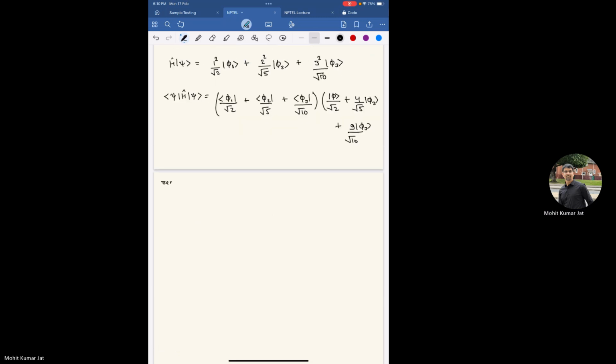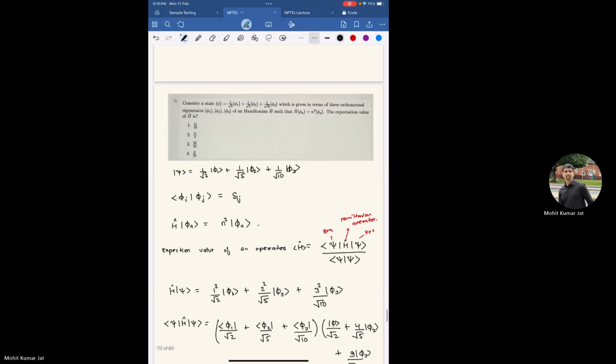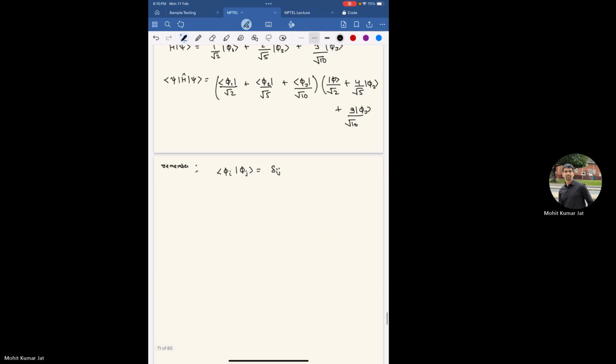Remember, phi i's are orthonormal. So phi 1 times phi 1 will be 1.